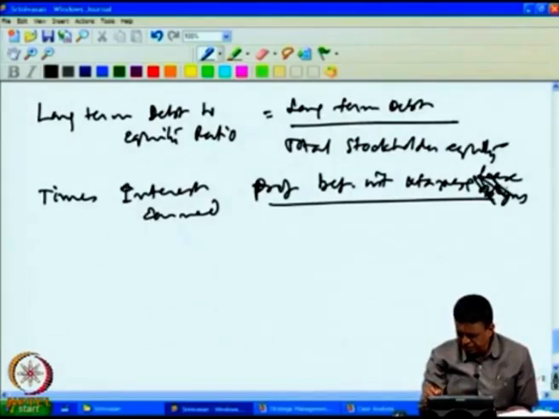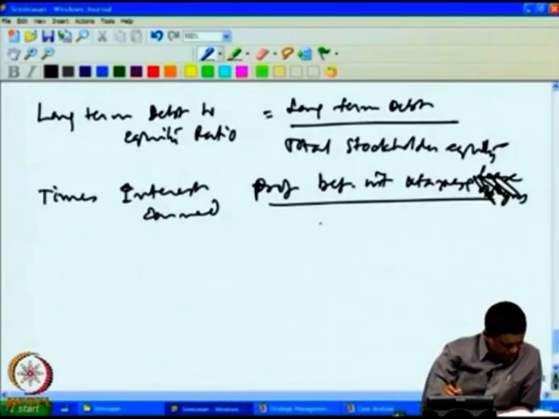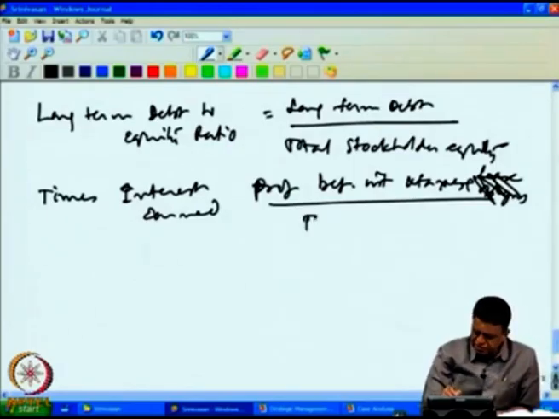In this first case we do not take the lease obligations; we just take the profit before interest and taxes divided by the total interest charges.